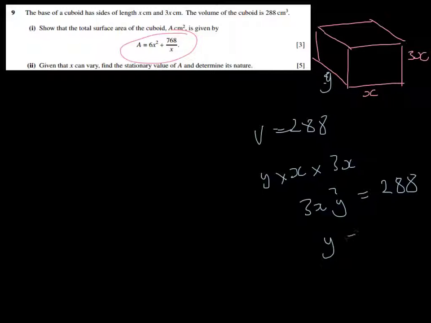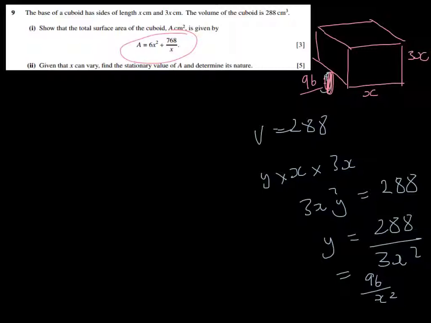So then the side that we don't know is the same as 288 over 3x squared, which is the same as 96 all over x squared. Okay, so what we can do over here on my diagram is just take that off and add that there, so 96 over x squared. So that's the first part there, is to use the volume of the cuboid to work out what that other side of my cuboid is.